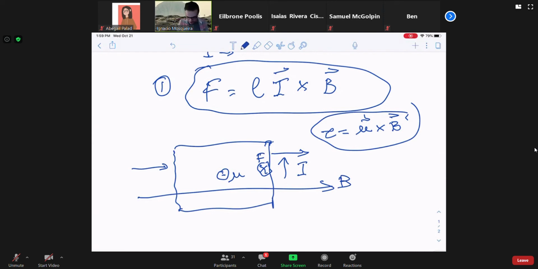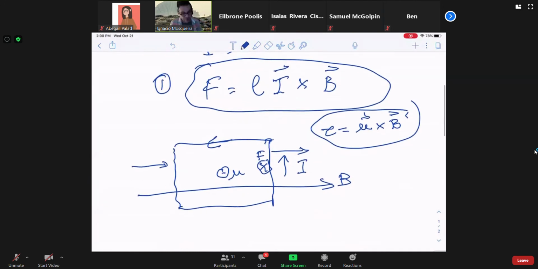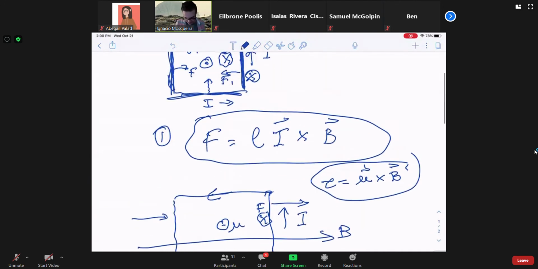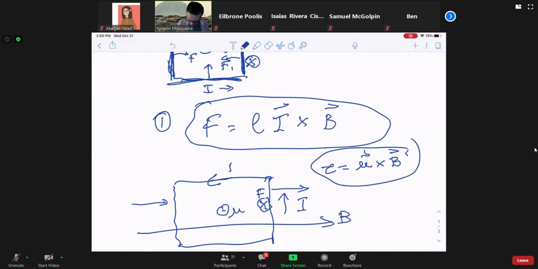Okay, how about here at the top? Let's do all the pieces here. Now let's think about this. Let's see what's happening here. I'm kind of going to give it away by asking in this manner, but what is the force at the top?